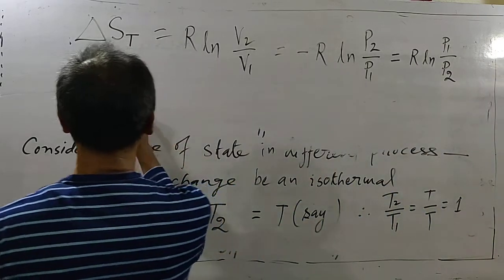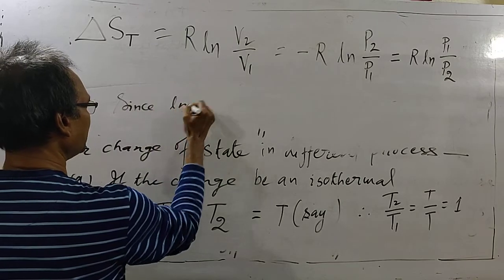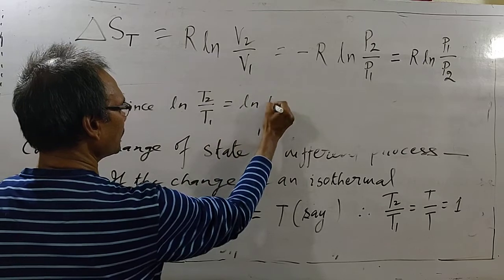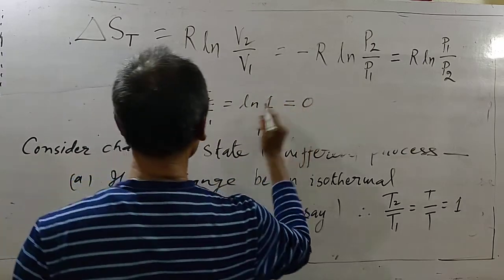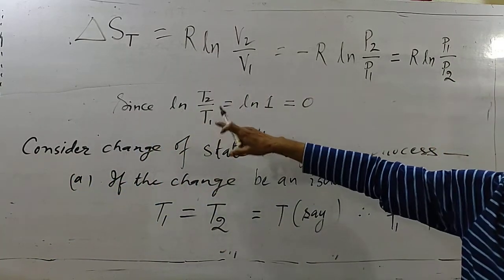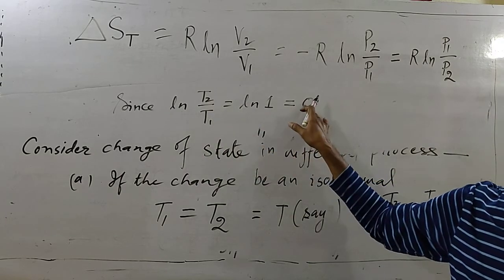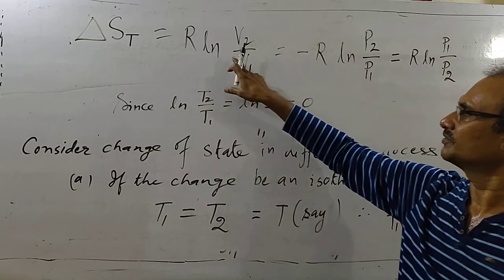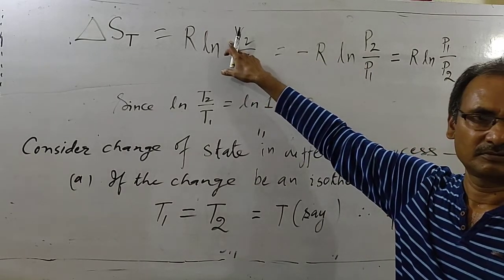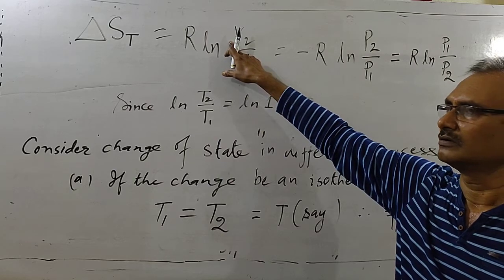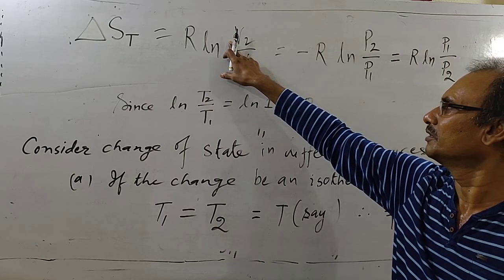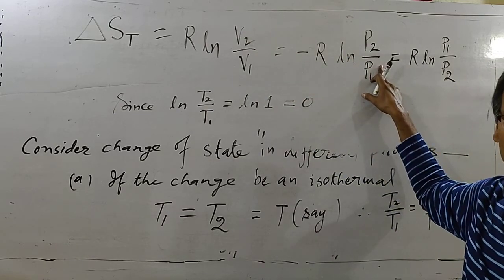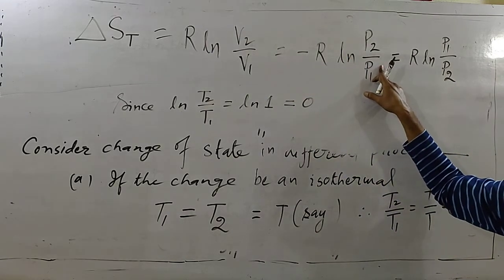Since ln T2 by T1 is equal to ln 1 equal to 0, the term ln T2 by T1 becomes 0 in both the equations. This is the equation when volume is variable, and this when pressure is variable.